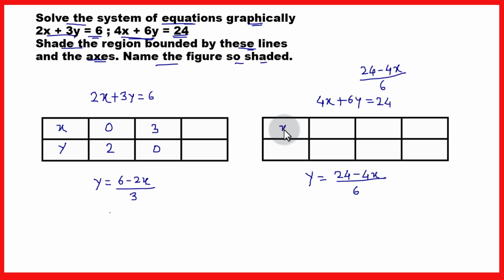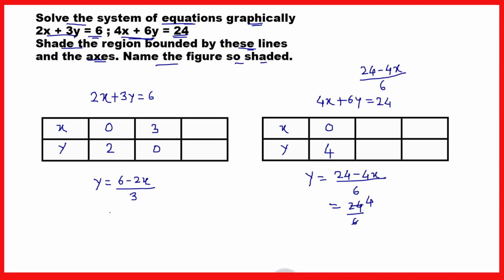Now here we will take the value of x. So if I take the value of x as 0, 4 zeros are 0, and you will get 24 minus 0 upon 6, and 6 fours are 24. So when you take x as 0, you get its corresponding value of y as 4.